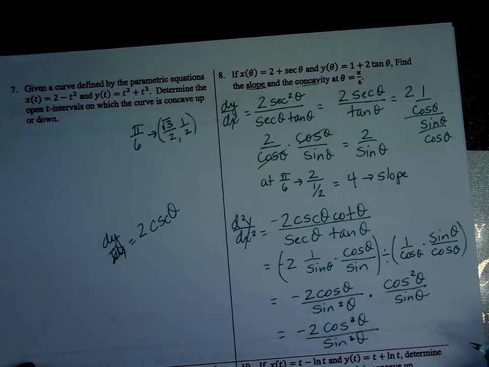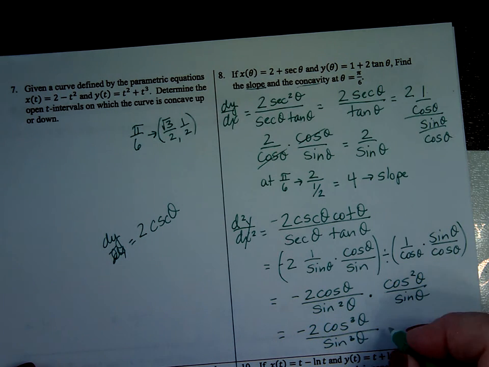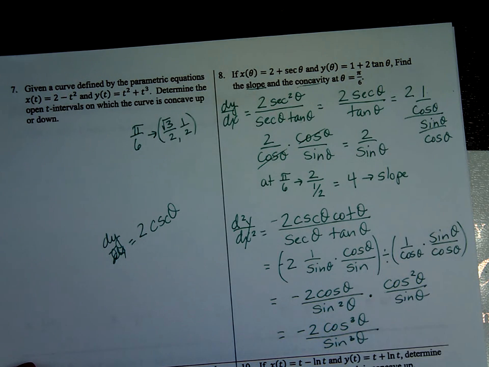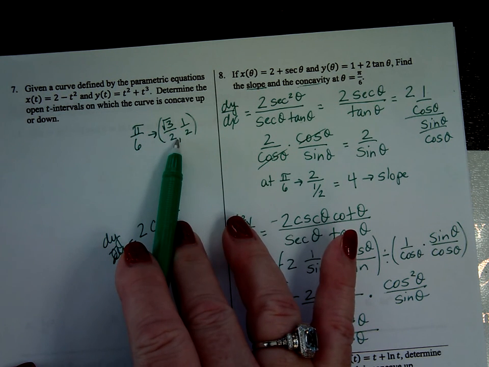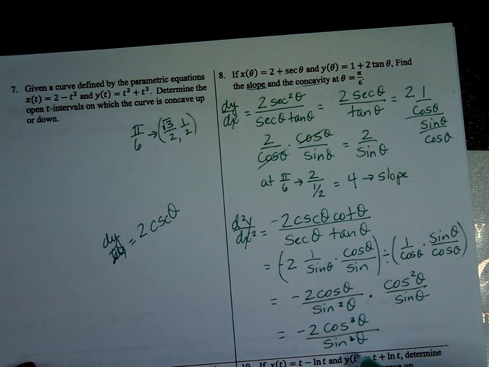You could put this as cotangent cubed, but then you've got to do all your algebra to figure out what cotangent would equal from pi over 6. So let's leave it there because it's going to be easier when we plug in our values.